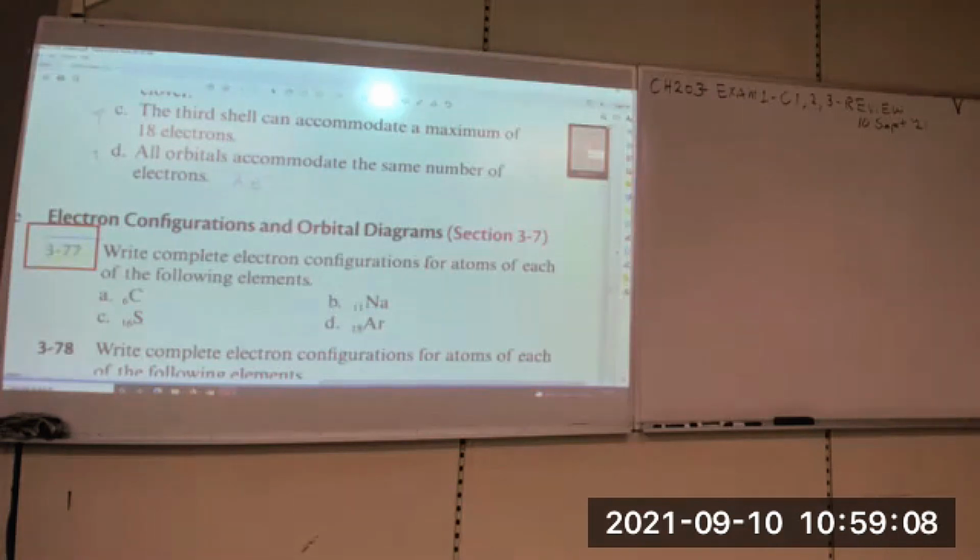So you should be able to write the configurations for these other elements. Just follow along like I did before. Just remember, either use the diagonal or recognize that when you get to the transition metals, you have to back up 1 principal quantum number before you start filling d's. So on the 4s, you back up to 3d, and on the 5s, you back up to 4d's here.